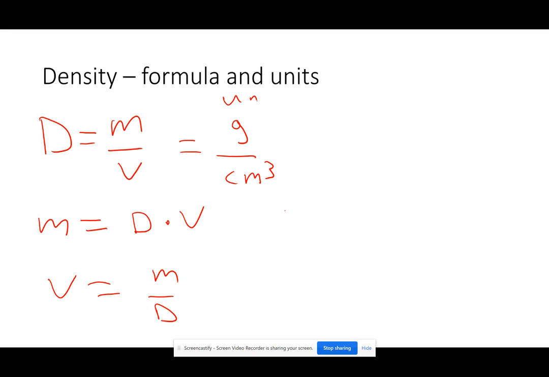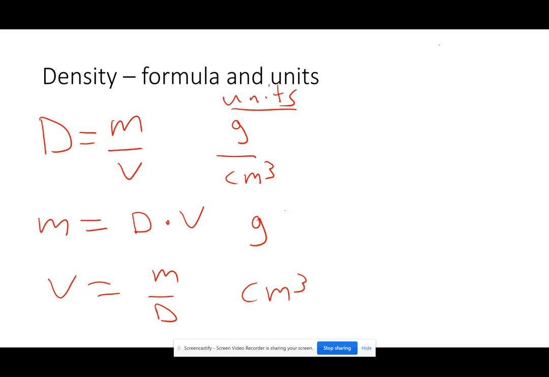So these are the units. And I'm going to just erase this equal sign just to make it clear that we're just talking about the units for these formulas. The units for mass are going to be grams, and the units for volume are going to be cubic centimeters.